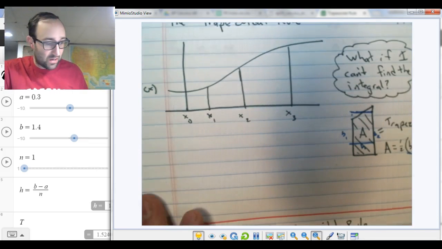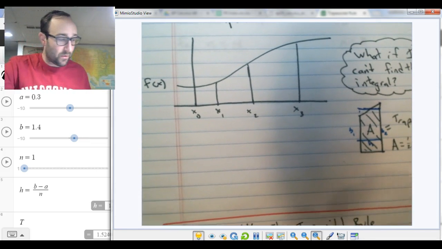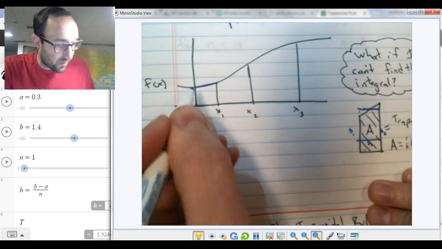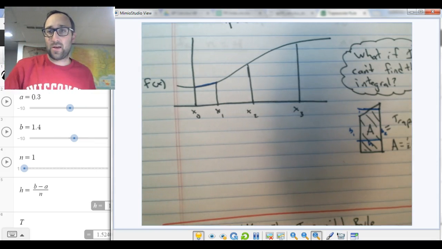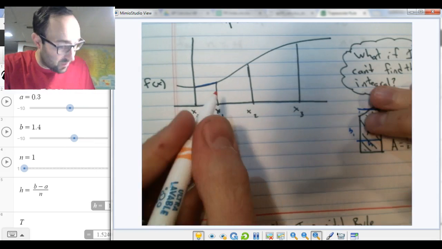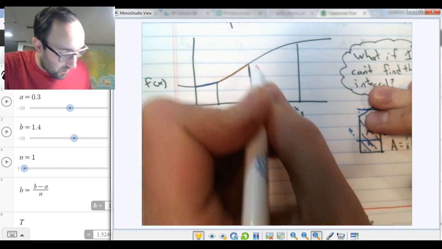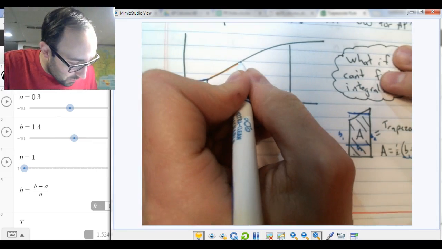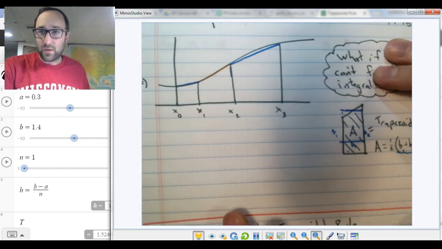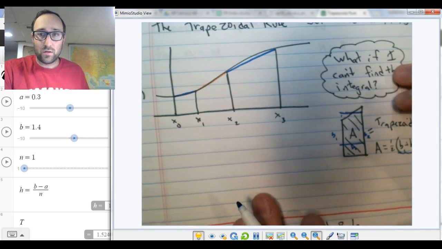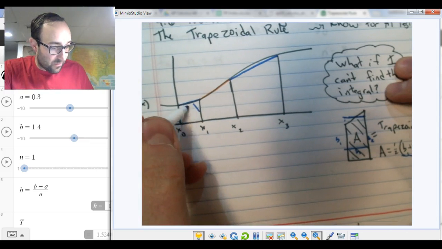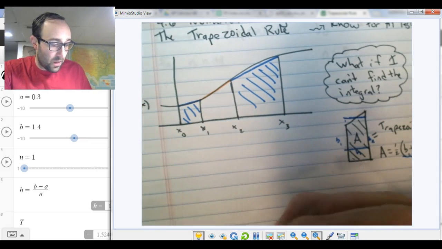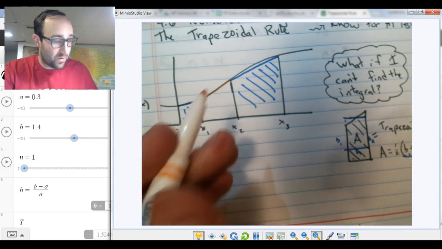Now let's see if we can use that here. Between x0 and x1, I could make this little trapezoid right here. It's almost exactly on that line. Then from x1 to x2, I could make this trapezoid, and that seems almost on that line. Then from x2 to x3, I can go here. Now we're a little bit off, but that's a pretty good approximation, right? I can find the area of this one, this one, and the one in the middle.